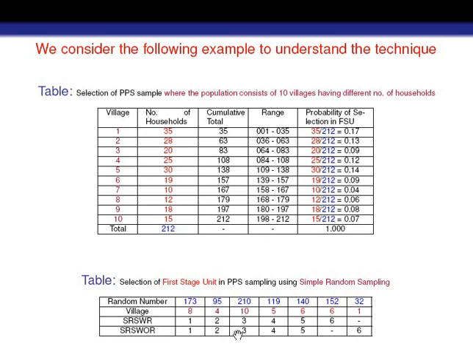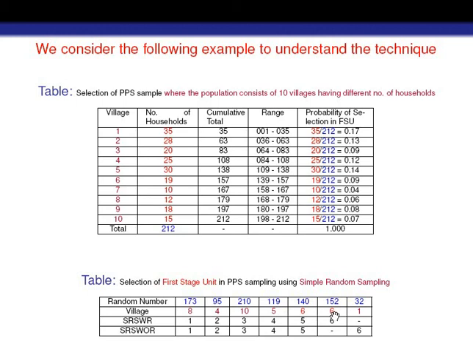If we use simple random sampling with replacement, we consider the first 6 units for the first stage unit, and these are 8, 4, 10, 5, 6 and again 6.